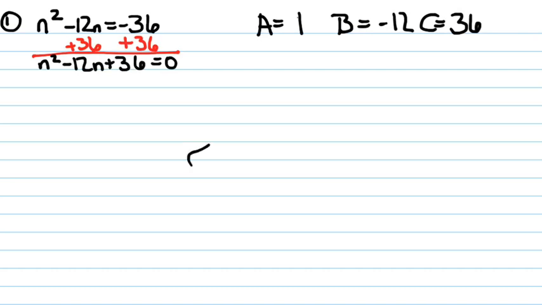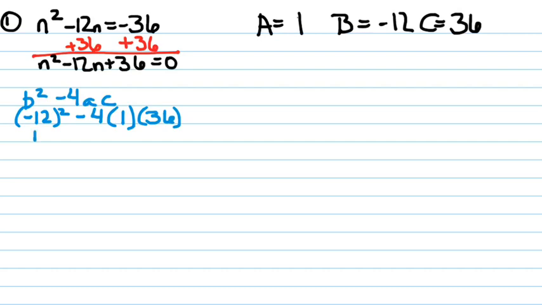Now we're going to plug into the formula. And so the formula says B squared minus 4AC. So let's plug in the numbers we have. So B is a negative 12. So negative 12 squared minus 4 times A, which is 1, times C, which is 36.